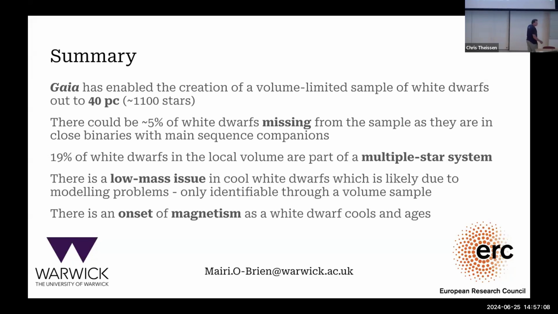Hello, Zachary Hartman from Gemini. So you may have mentioned this and I may have missed it, but for the wide systems that you're missing in the white dwarf binaries, what is your definition of wide? Something that is resolved in Gaia.